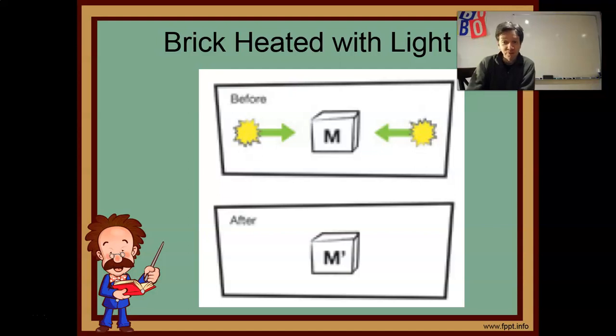No. Be very careful. Mass has inertia. Kinetic energy has inertia, but that doesn't mean kinetic energy is mass. It's just they have a similar property. Okay? Mass is directly proportional to inertia. The more mass you have, the more inertia you have. But that doesn't mean they're the same thing. A lot of students usually get confused with that.